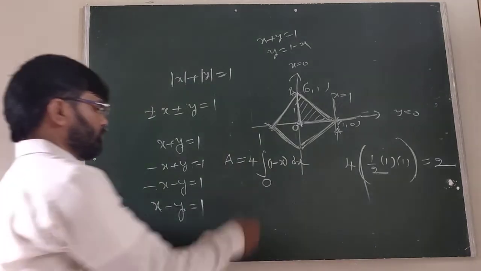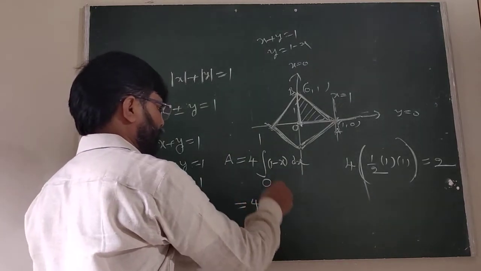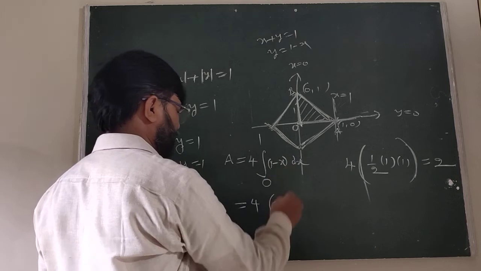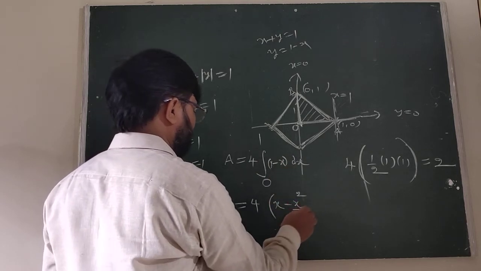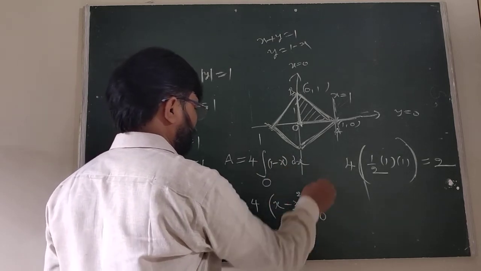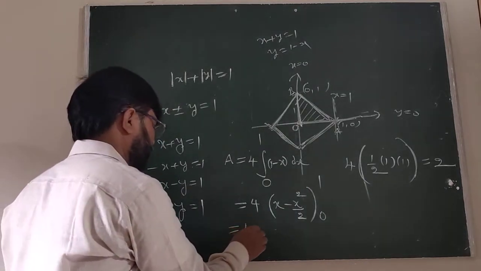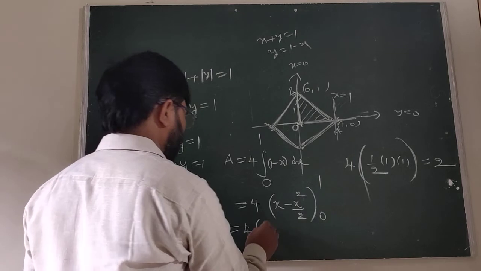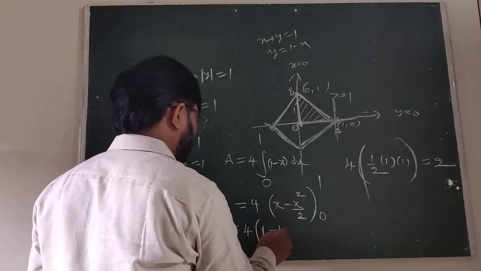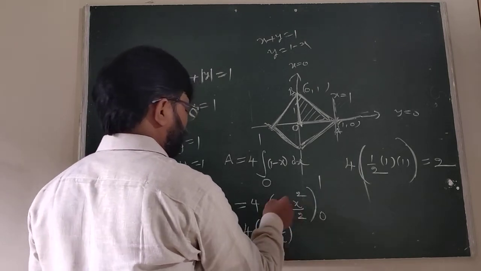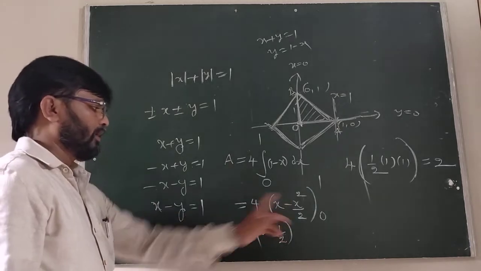Okay students, here 4 into the integral: 1 gives x, minus x square by 2, with limits 0 to 1. We got 4 into 1 minus 1 by 2. When taking 0, it is 0 minus 0, 0.